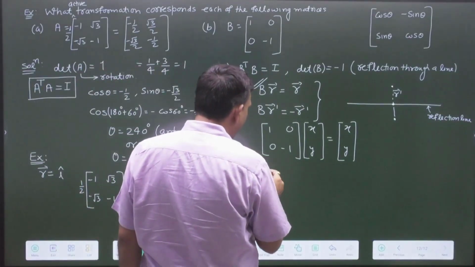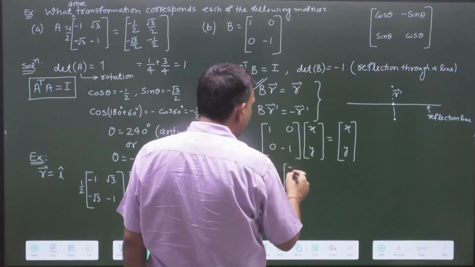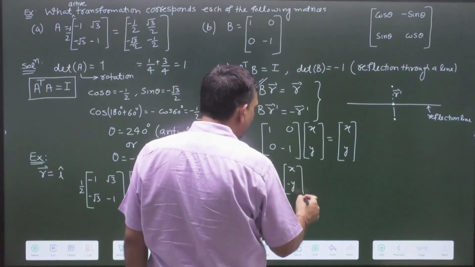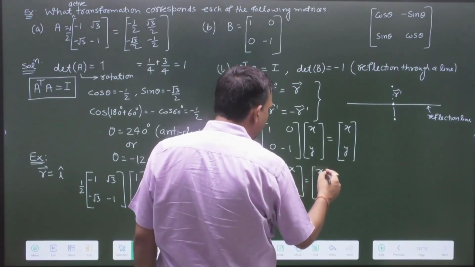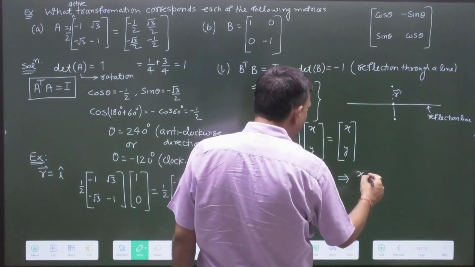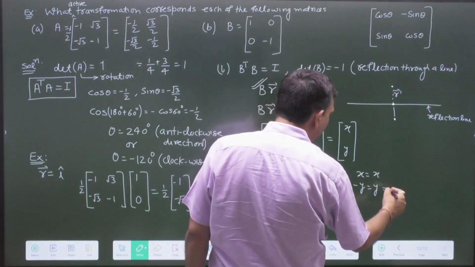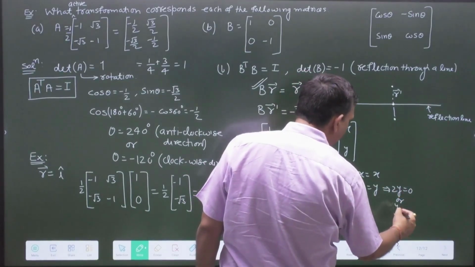So what will you get here? This will be x and this will be minus y. So this is xy, and from this you will get x is equal to x, minus y is equal to y. So this will give you 2y is equal to 0, or y is equal to 0.